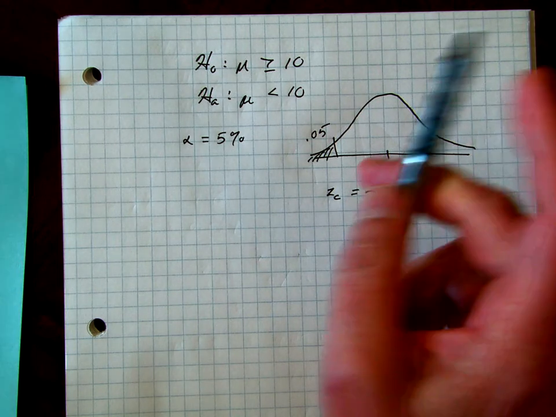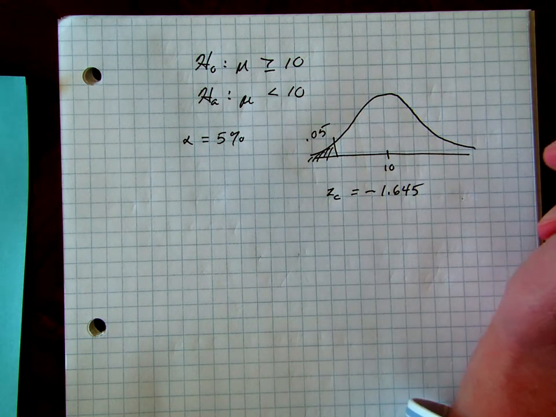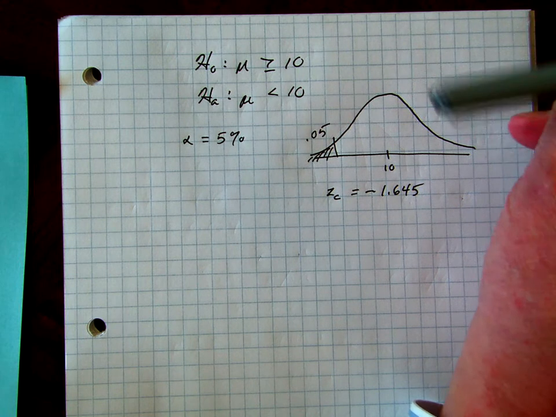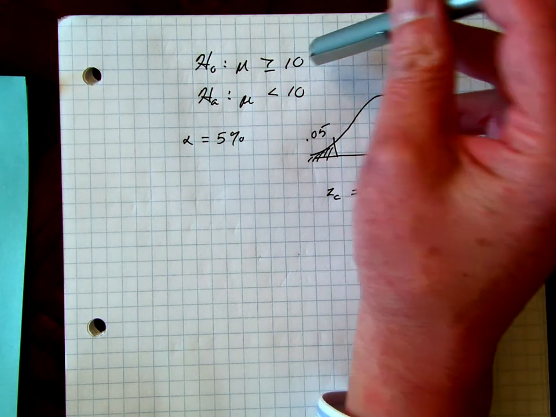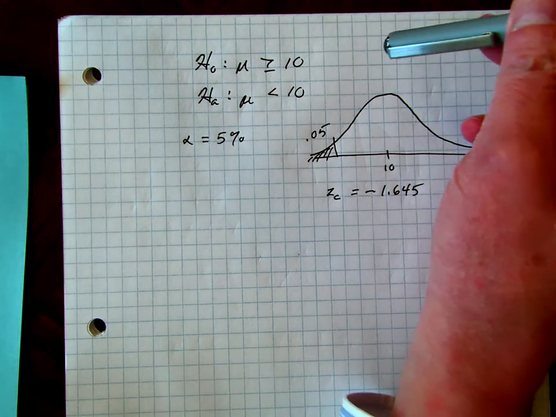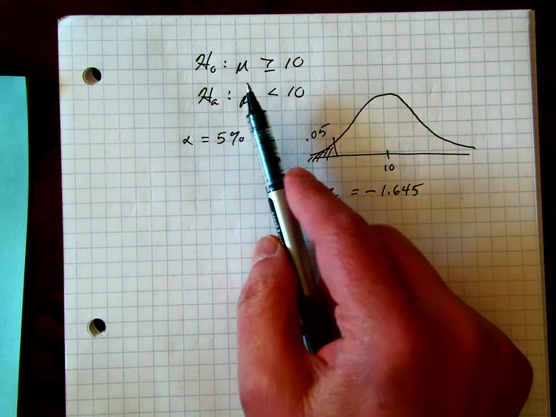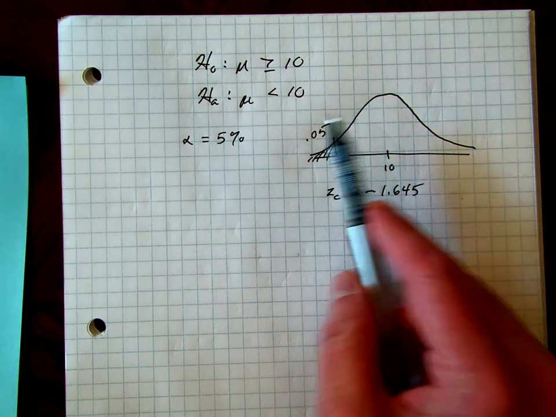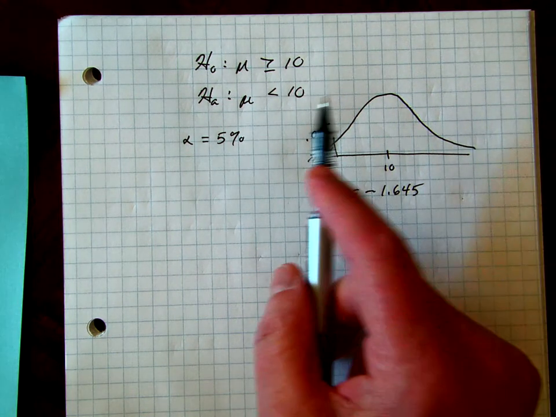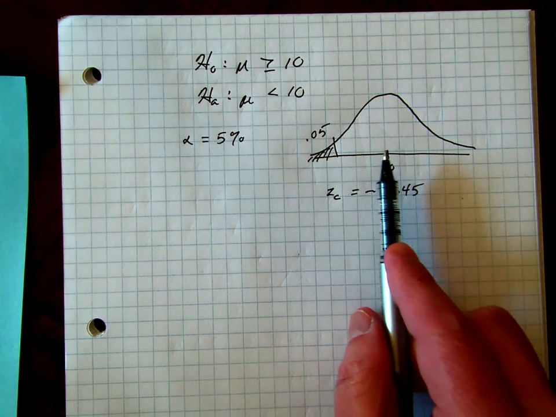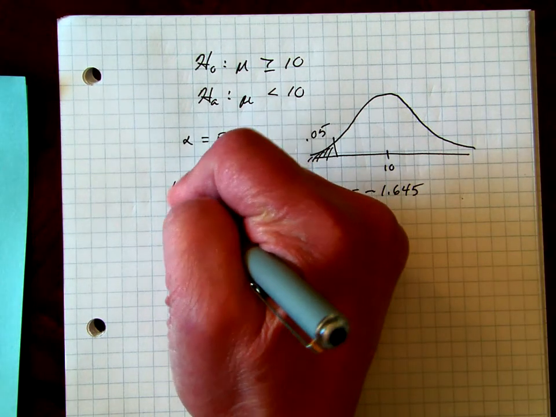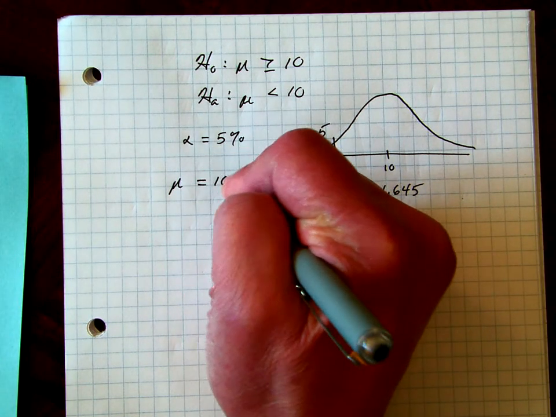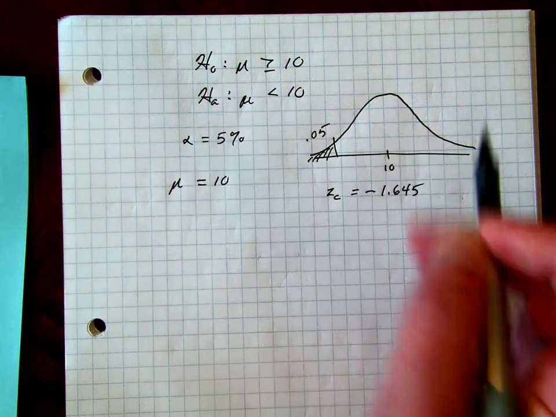If this were something like we were testing battery lives and we wanted to see if our newly manufactured AAA battery could last for at least 10 hours or above, then our statistic, as long as it's 10 or above, we're perfectly happy with that. If it's below, is it far enough below to be in the rejection region?